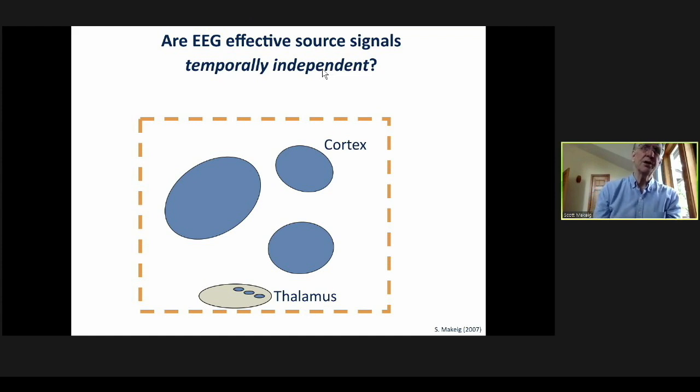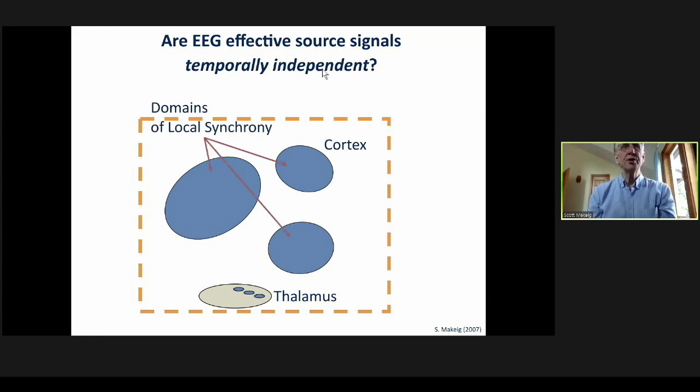Well, for the cortex, the question is serious because, of course, the brain is interconnected and operates as a whole, ultimately, to organize our behavior, our thinking, our experience. So imagine some domains in which local cortical synchrony could erupt, becoming thereby, at a moment, effective sources of the scalp EEG.